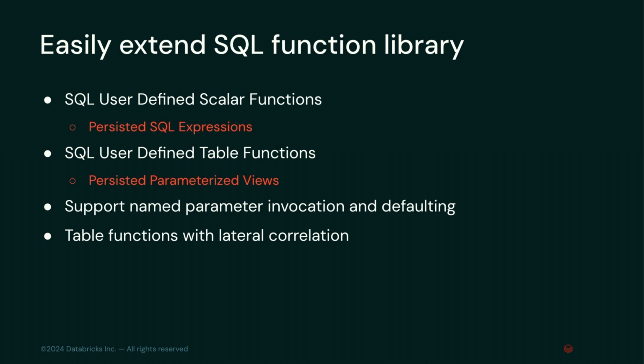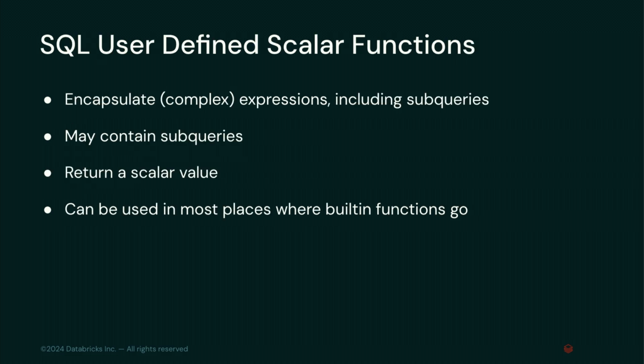With SQL UDF, we can encapsulate complex SQL expressions, making them usable across different queries. And the SQL UDTF allows for parameterized views. It can return multiple rows of data, enabling more dynamic data transformation workflows.